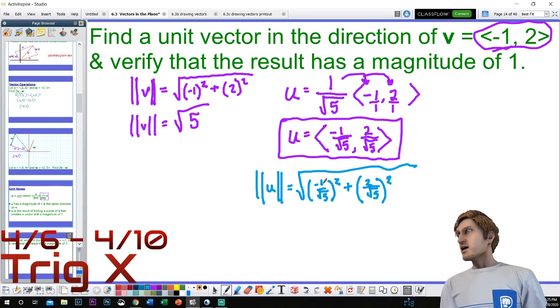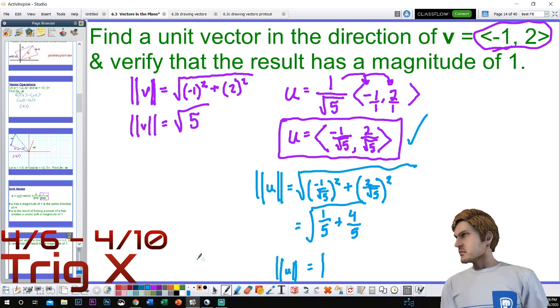So here we go. -1 squared is 1, square root of 5 squared is 5, and now I think you just saw why I didn't reduce that square root, so that there's not a root on the bottom. 2 squared gives us 4, square root of 5 squared again gives me 5. Look, I have common denominators. I do 1/5 plus 4/5, that gives me 5/5, which is 1.